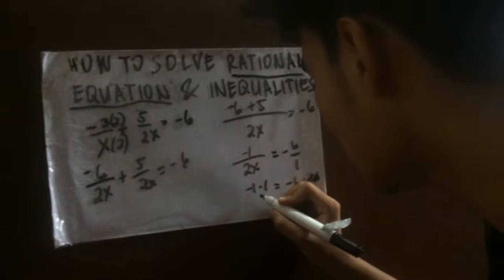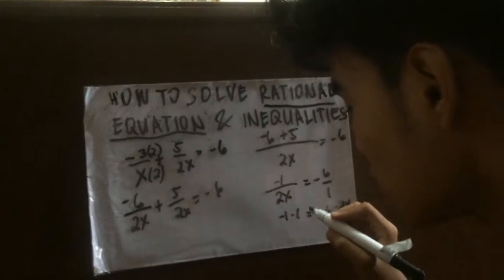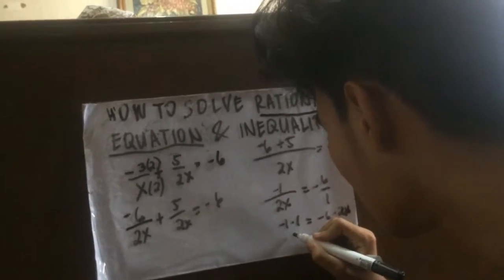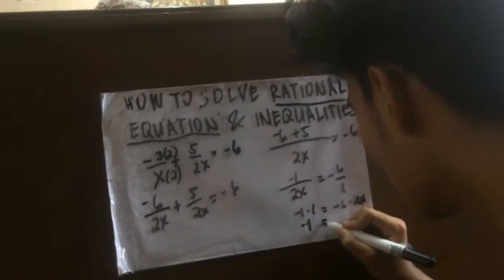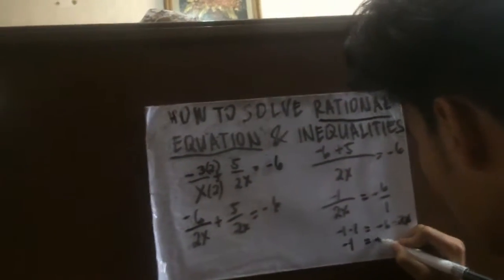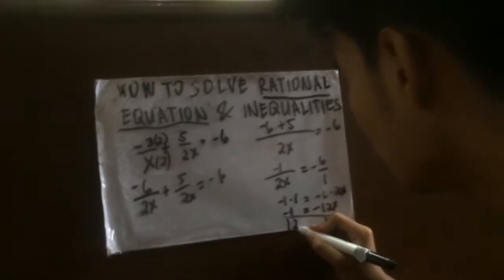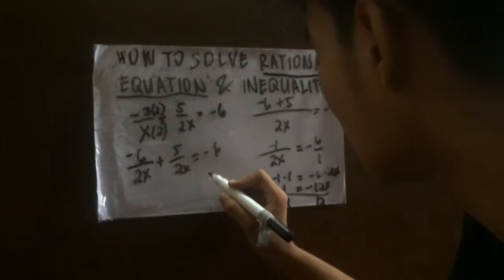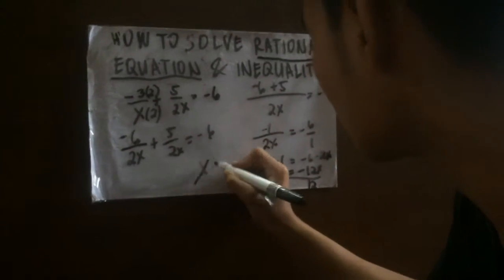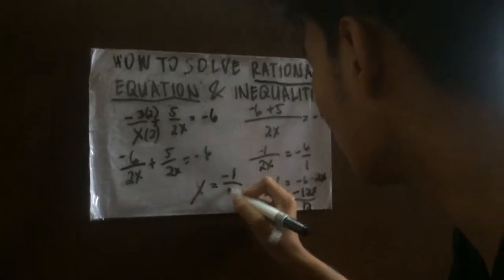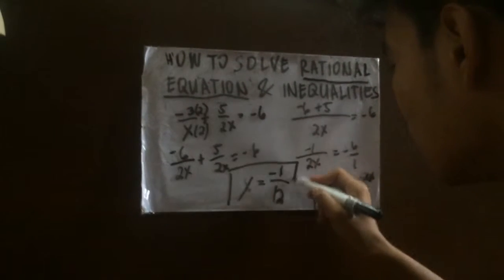Negative 1 is equals to negative 12x. So, over lang natin siya sa 12 para ma-cancel yung 12 dun sa x. Then, you get the answer of x is equals to negative 1 over 12. That's all.